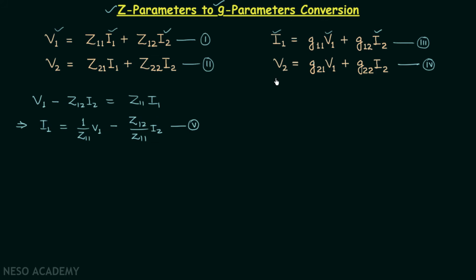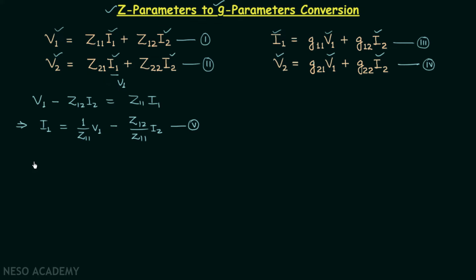Now compare equation number 4 with equation number 2. You will find in the fourth equation we have the variables V2, V1 and I2, and here we have V2, I1 and I2. So in place of I1 we want V1, and therefore we will replace I1 by this from equation number 5 in equation number 2.